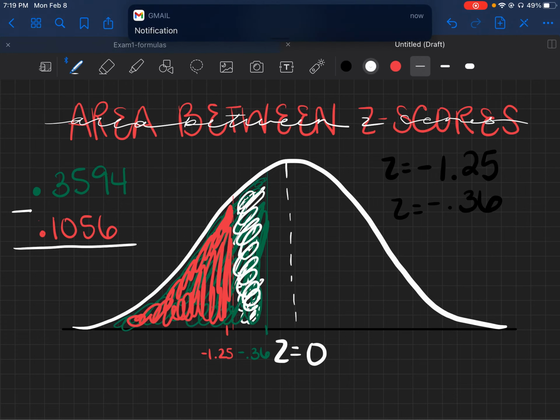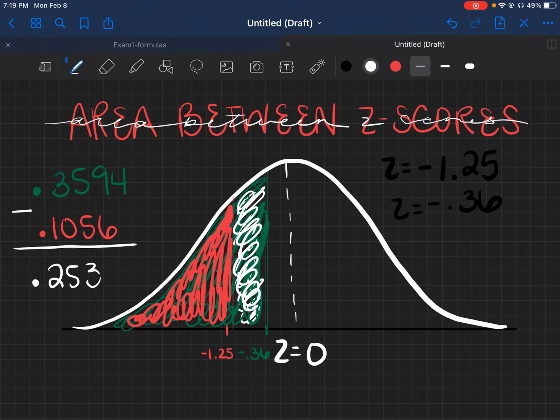I'm going to plug that into my calculator real quick. 0.3594 minus 0.1056. So I got 0.2538, and that's the area for this white section here.